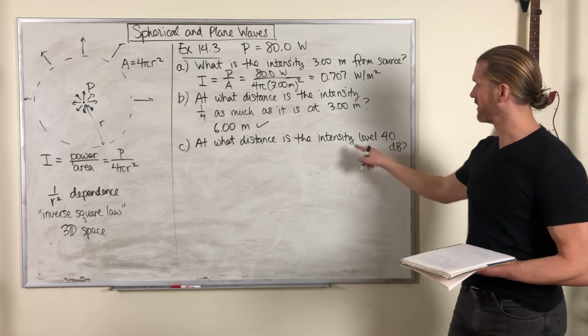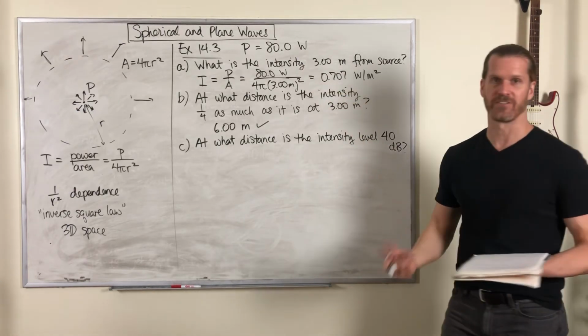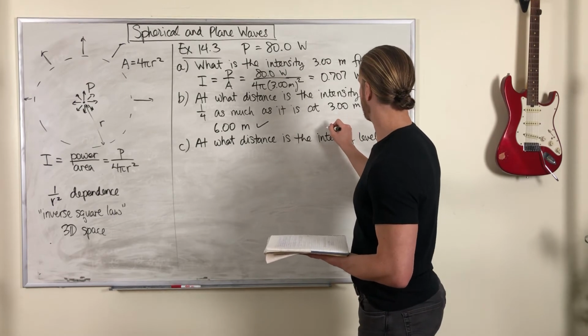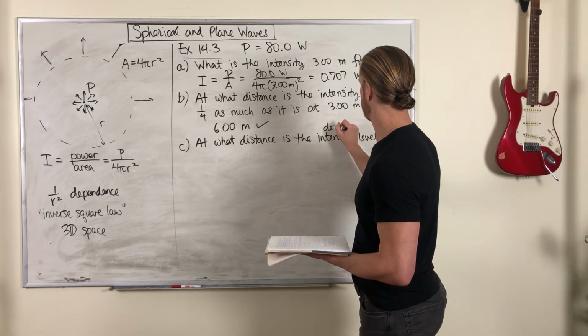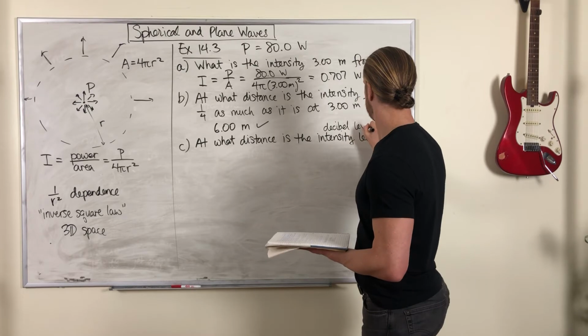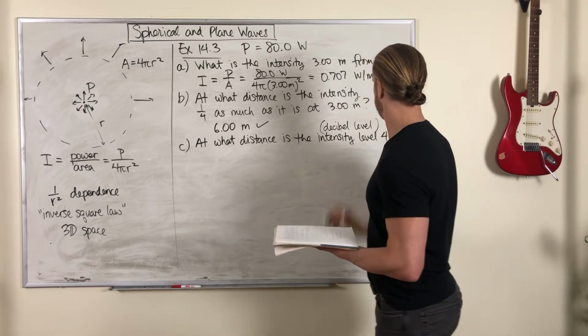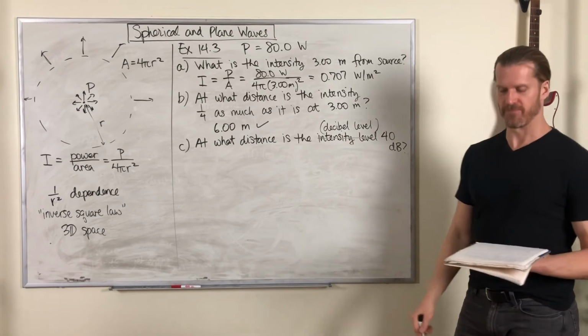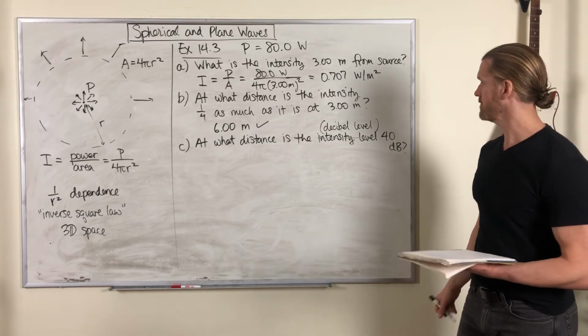It's so confusing because it sounds just like intensity, but it's a completely different quantity. So I usually say decibel level instead. I don't like that term, but that's how the problem wrote it.